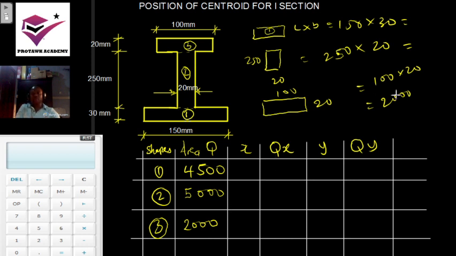Okay, so the next thing we need to get is a value for x. So let's clean the portion we've just calculated so that it will create more space for us to work on.